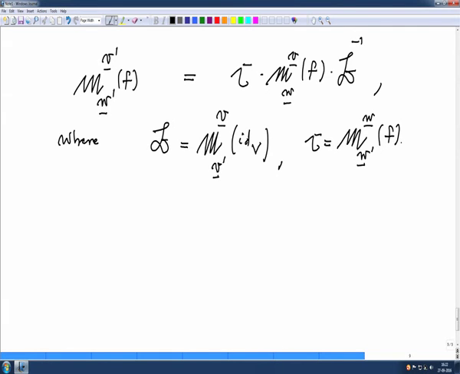In particular, such matrices are called similar. I will define it formally after this.